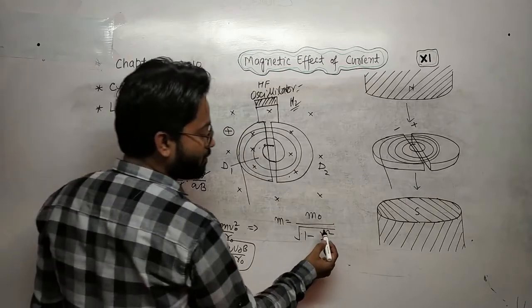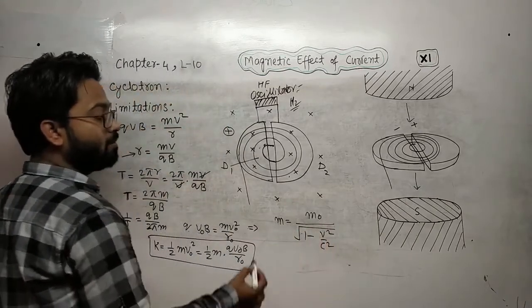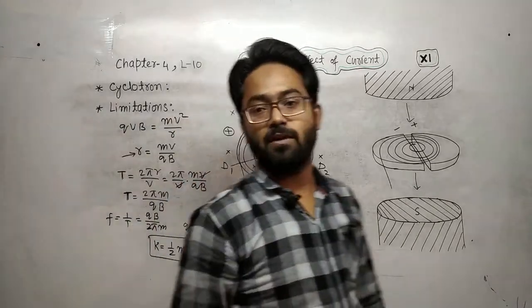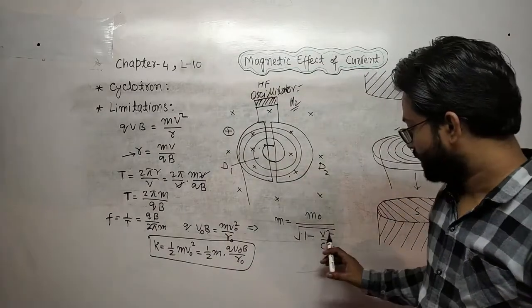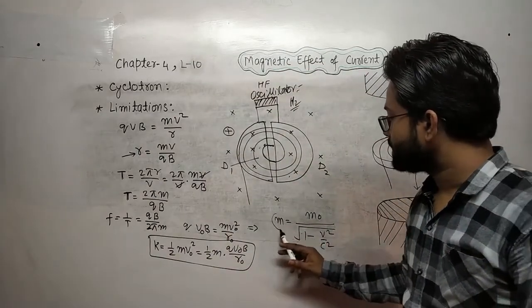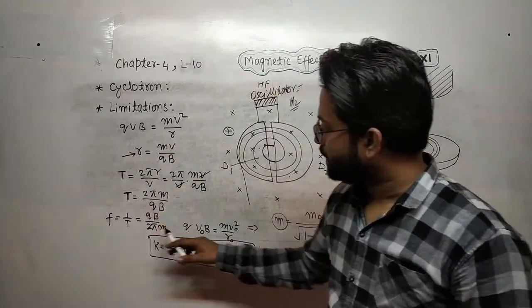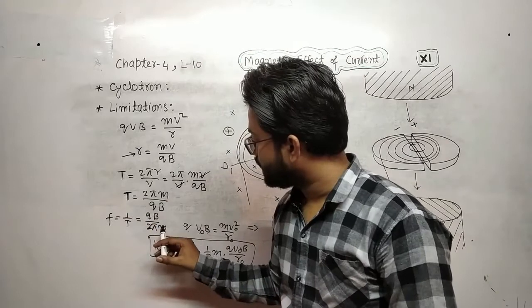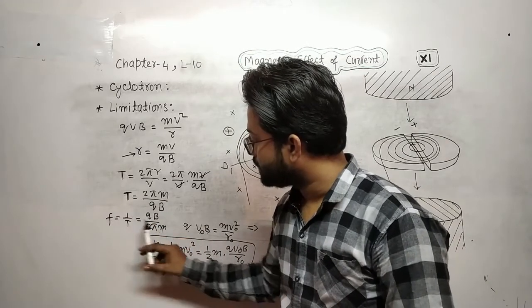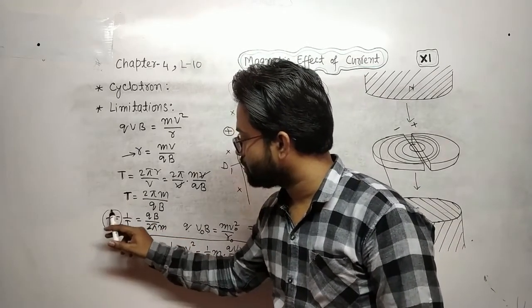If the velocity of the charged particle is comparable to the velocity of light, then the mass will change. If the mass is changing, the frequency will also change.